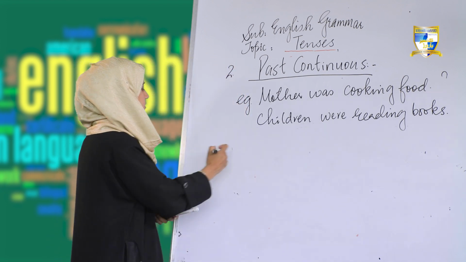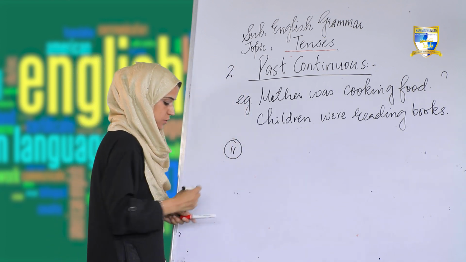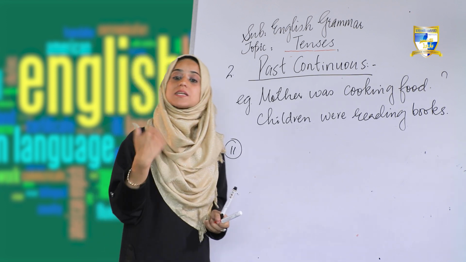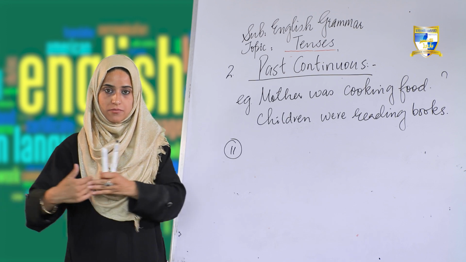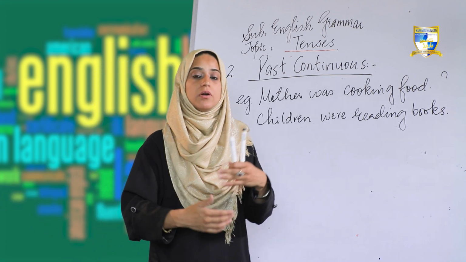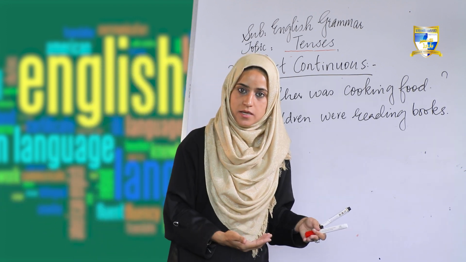One more use of past continuous tense is that it describes an action which had started at some time in the past and was going on before some other action had started.